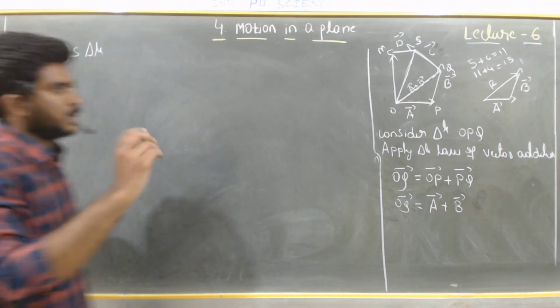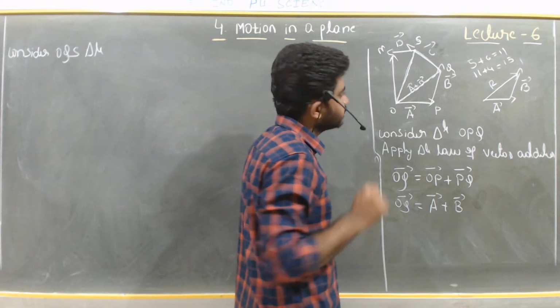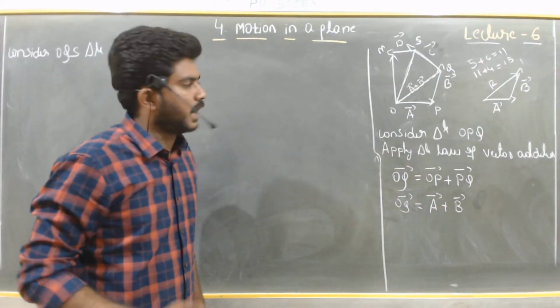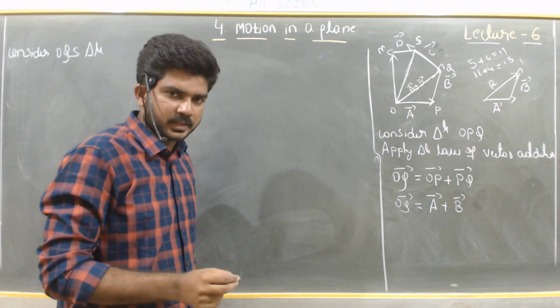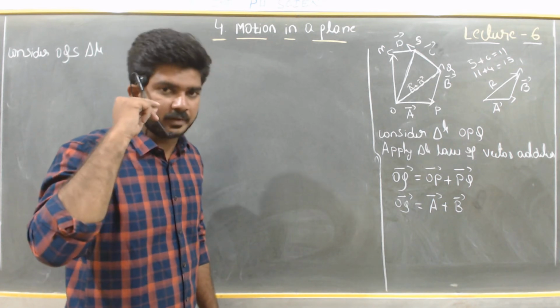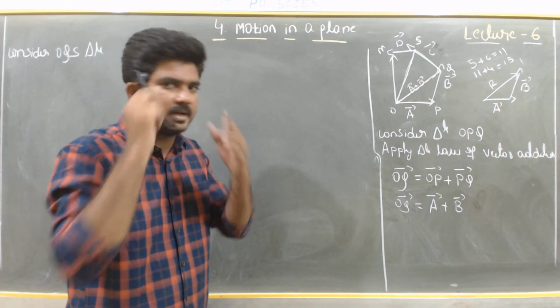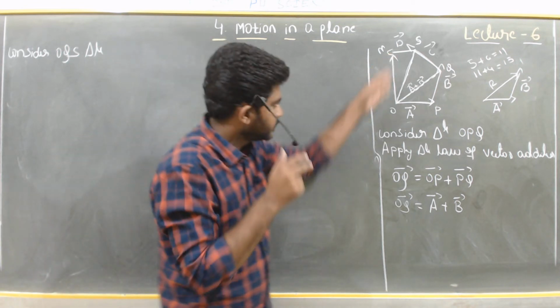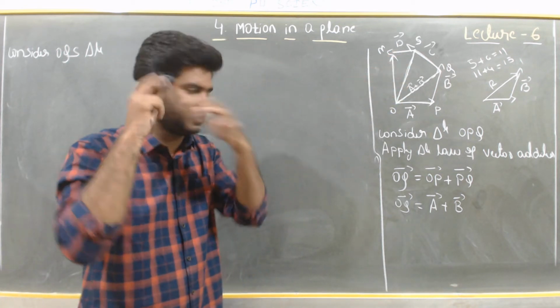Triangle, right? In OQS triangle then again we have to add the vectors. Which law we have to adopt here? Of course triangle law of addition, because this is in the form of a triangle.